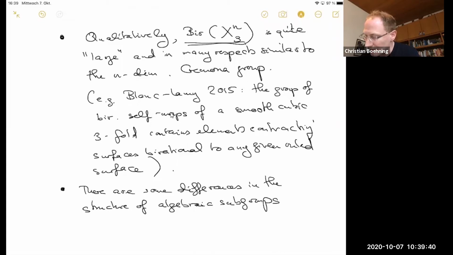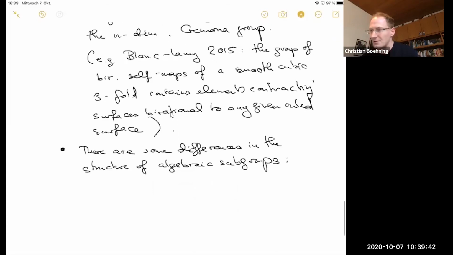This is known in dimension 3, but it's conjectural in higher dimension, because in dimension 3, of course, the result uses Clemens-Griffiths' proof of irrationality for cubic threefolds.